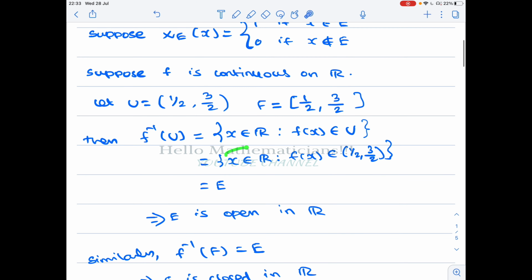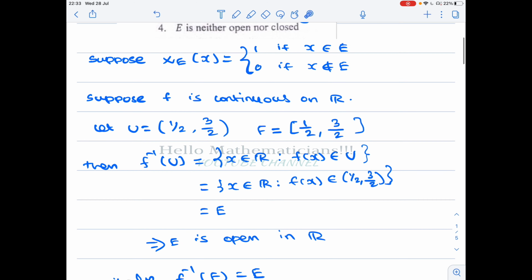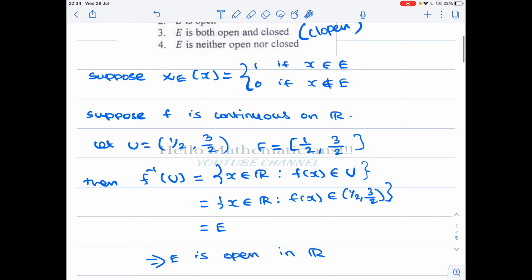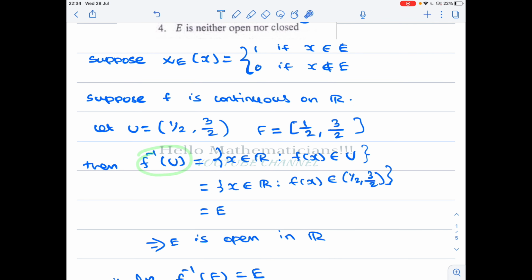We want the set of all real numbers whose image belongs to this interval. If you notice, only the point 1 belongs to this interval. Therefore this set is equal to the set of all x in R such that f(x) equals 1. That is precisely E, because the function chi_E takes the value 1 in E. Therefore f inverse of U equals E.